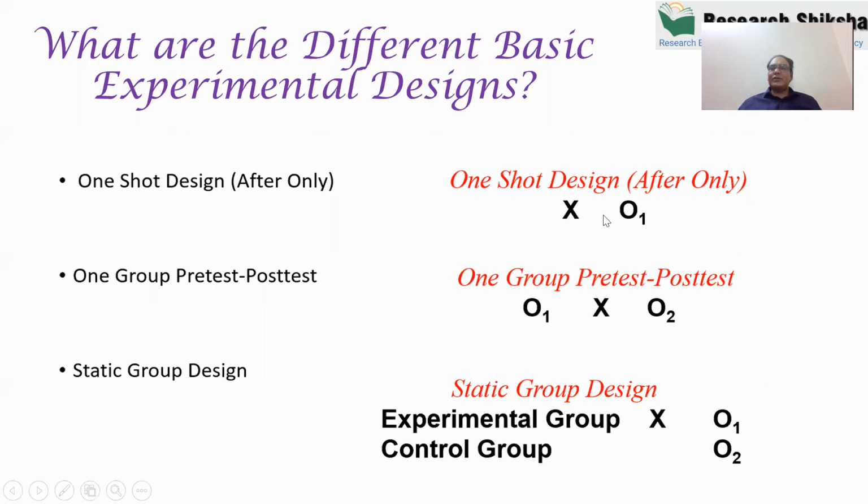When I say XO, the researcher takes one group, conducts the experiment, and measures the impact. This design is called the one-shot design. In the one-shot design, there is only one group, you do some experiment on it, and after that measure the impact. So this is the simplest design.